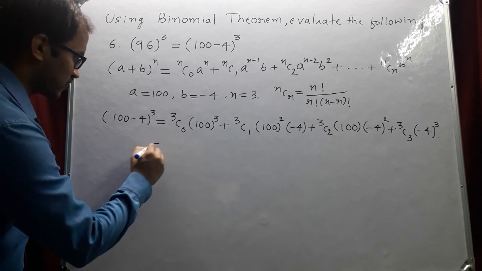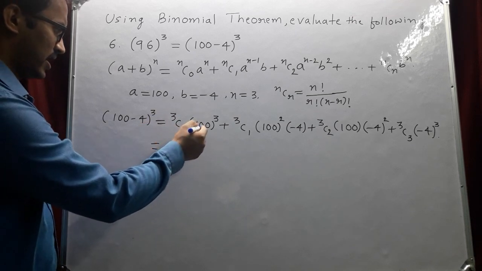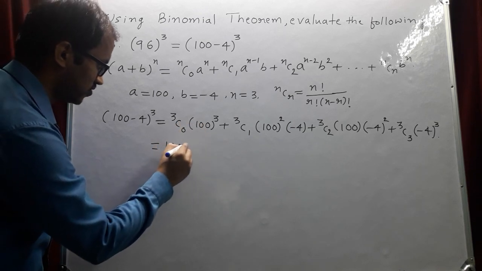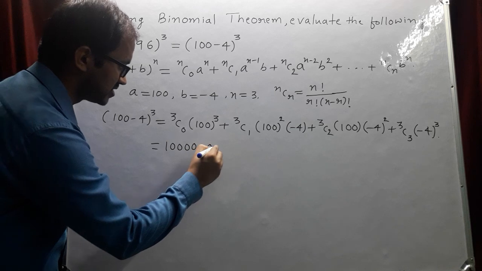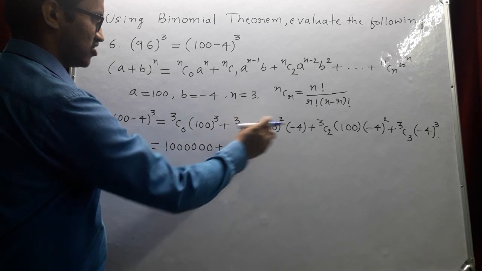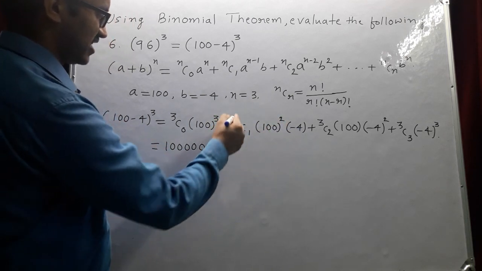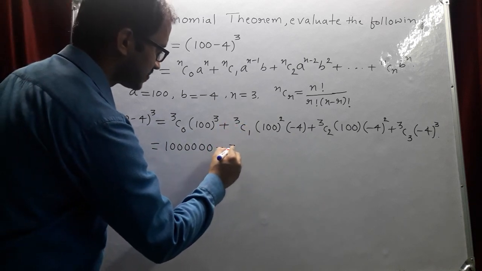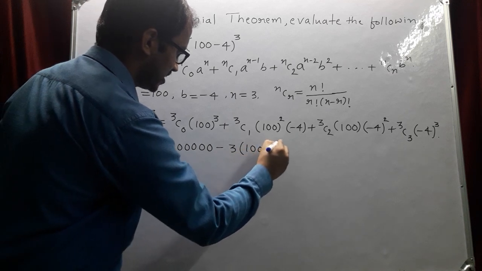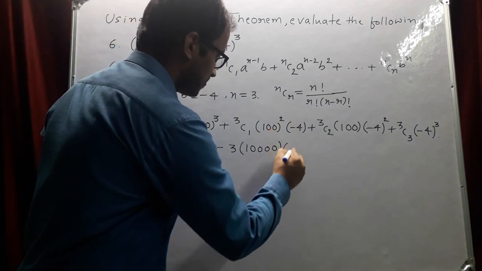So we have used the binomial theorem. That is equal to 3C0, the value is 100 cube, 100 cube means we have to put 6 zeros, plus 3C1, here plus into minus means we can write directly minus 3C1, that value is 3, 100 square, 100 square means we get 4 zeros after 1, into 4.